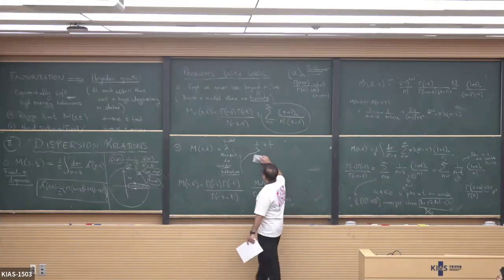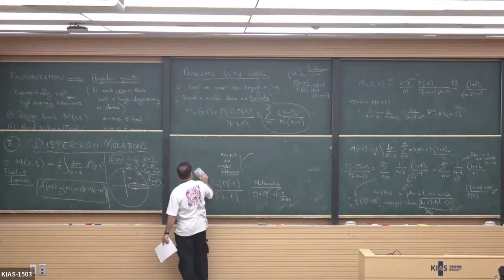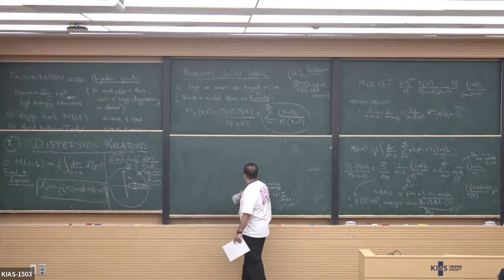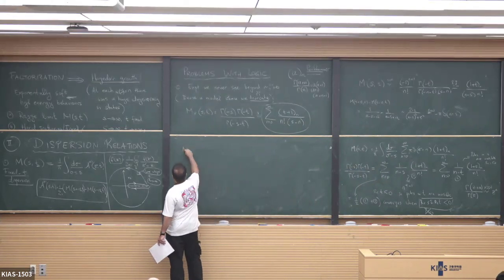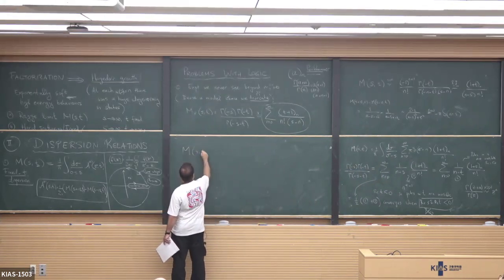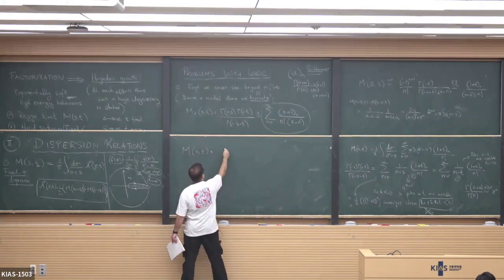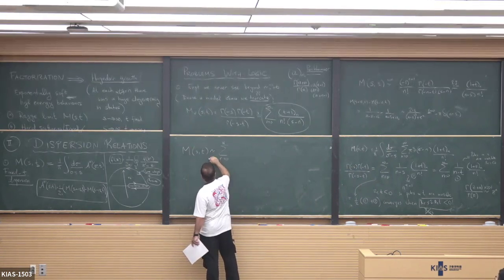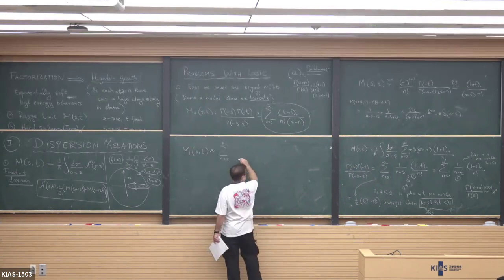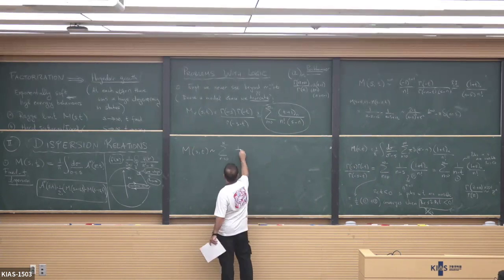Let me write that out. The statement is, suppose you said that I'm not interested in seeing the T poles, I'm just interested in seeing the S poles. So I'm perfectly happy working in a series representation where I truncate and I'm just using the first terms.